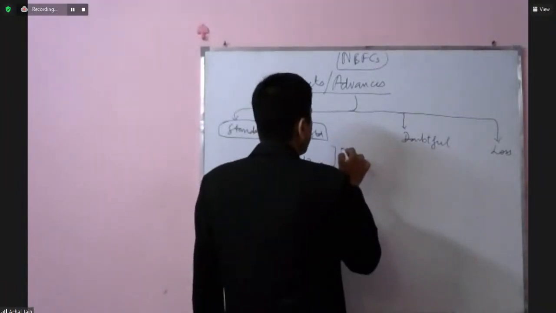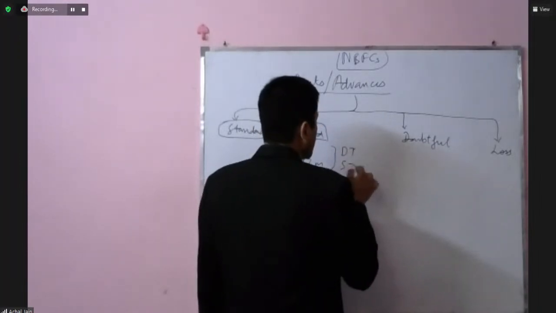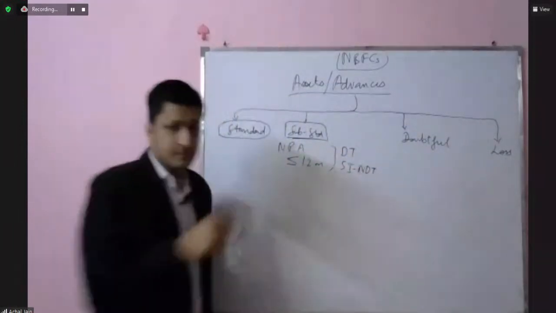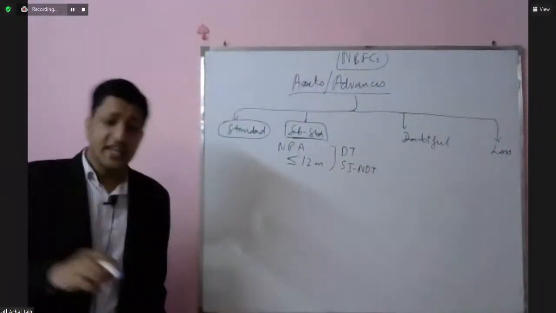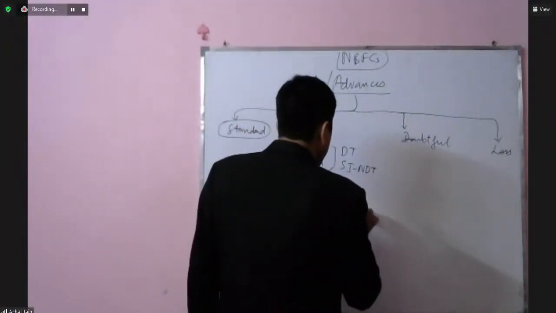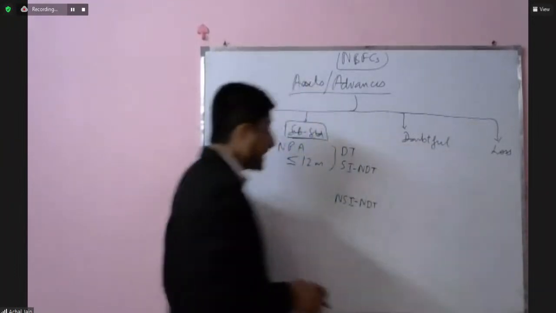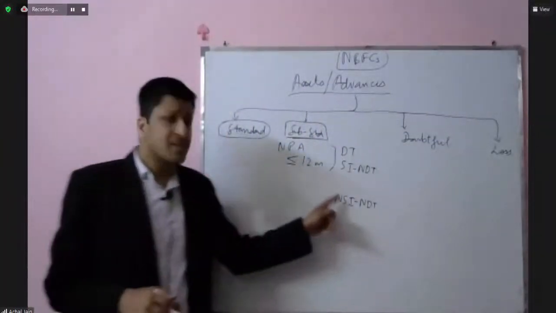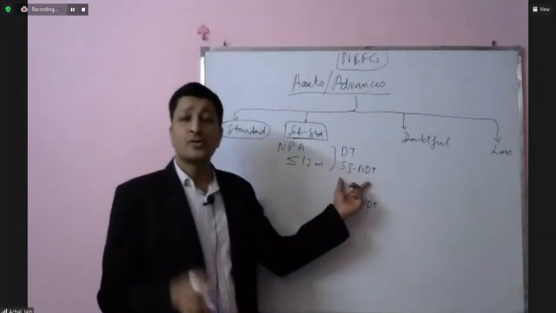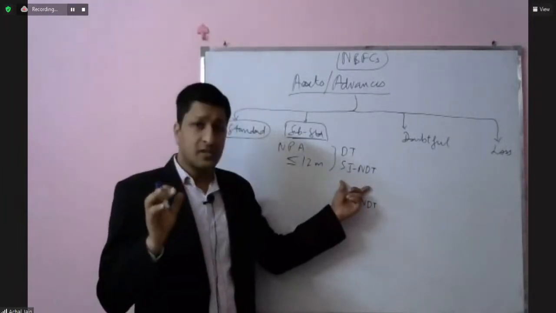So this will be when it is deposit taking NBFC or systemically important non-deposit taking. In case the NBFC is non-systemically important non-deposit taking, these are the terms which you will see in the question also, in the exam also. That's why you should remember these terms.